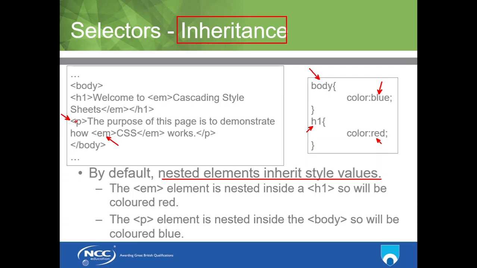So if we've said that we want our paragraphs to be color blue, then this particular value is also going to be color blue. If we've not specified that M should be any other color, then the M inside a paragraph is also going to be color blue. So that is what we call inheritance. That when you put tags inside other tags, they inherit the properties of the parent.